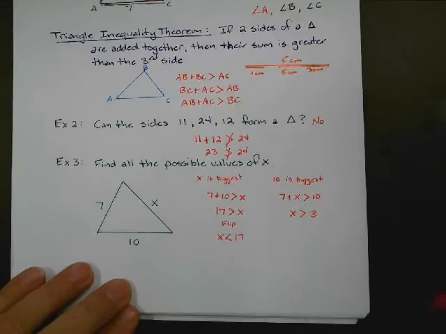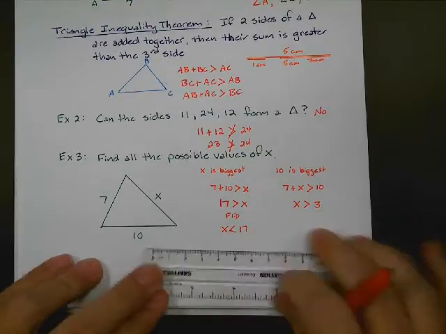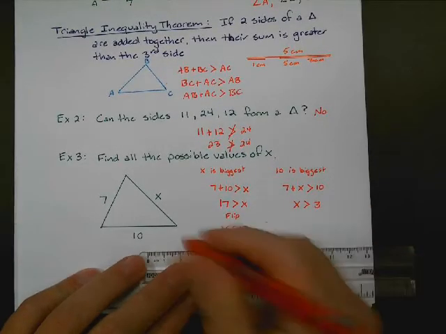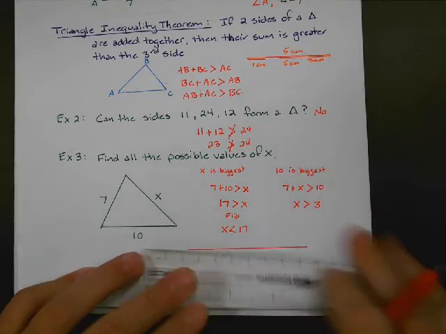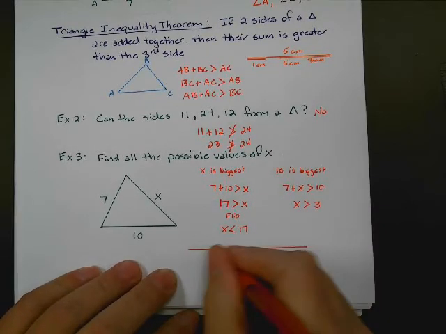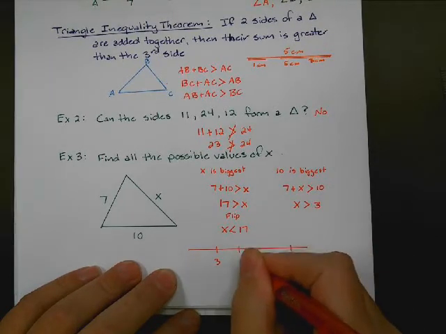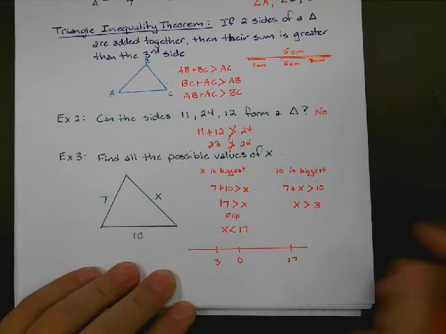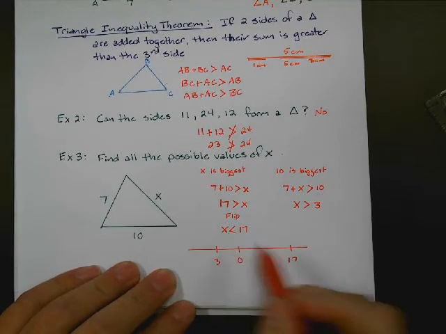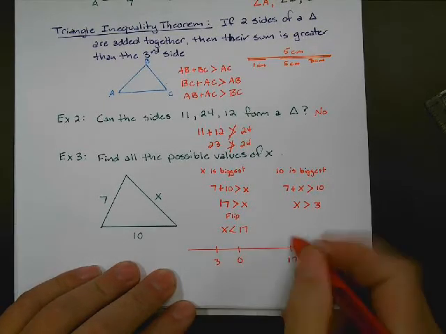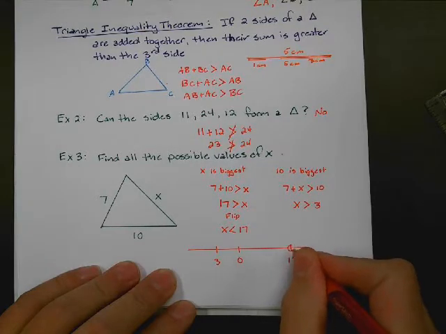Now, if we were to graph these two inequalities on a number line, here's what we would find. So here's 3 over here, and then on a number line, 17 would be over here, 0 would be somewhere around here-ish, okay? So this one says x has to be less than 17. So we put an open circle on 17 because x can't be equal to 17.